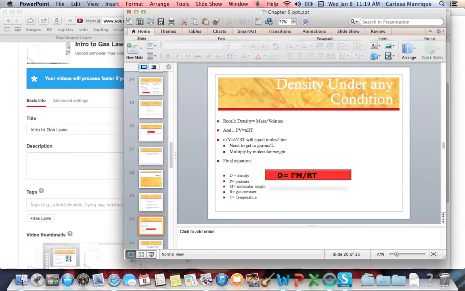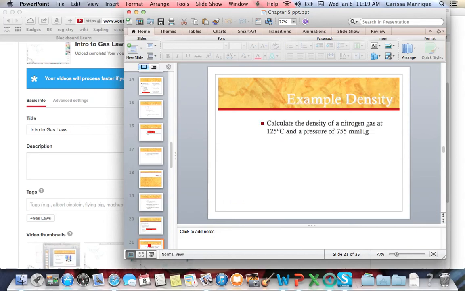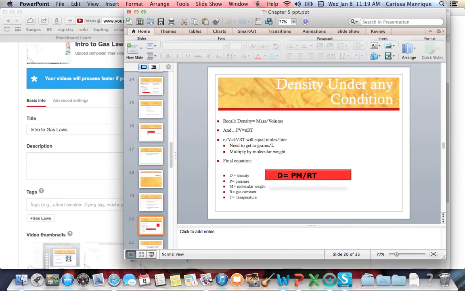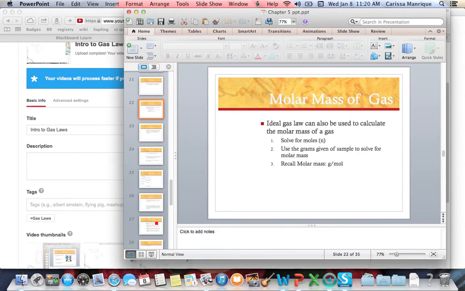Then we're looking at nitrogen gas, which is N2, so you put 14 times 2, so 28, in there. You put all of your numbers in the correct units and then literally get the density. So this is kind of a plug and chug formula. Just in case you see it, I wanted to show it to you.